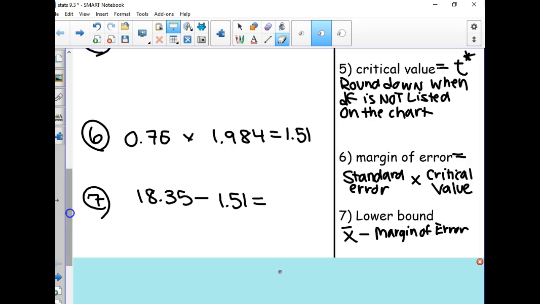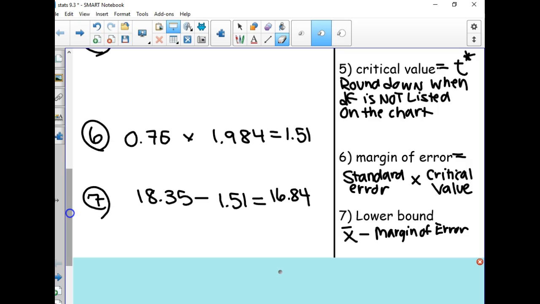Trenton, did you do it? 16.84. Can someone confirm? All right. Our lower bound is 16.84.